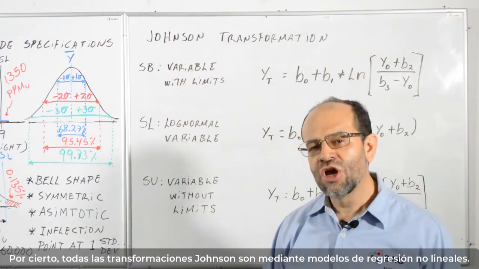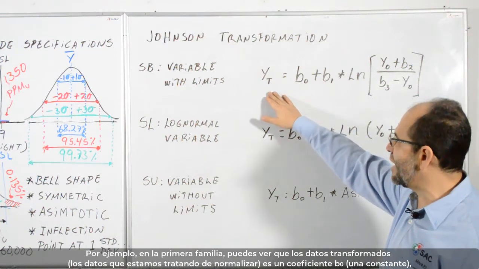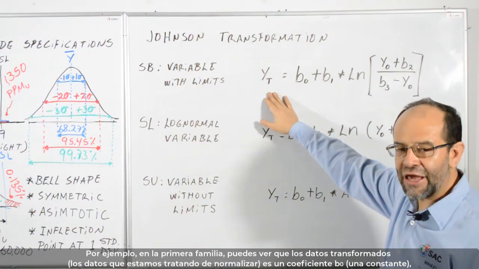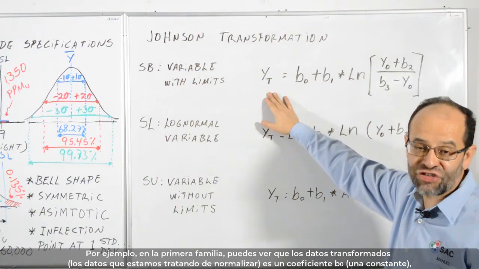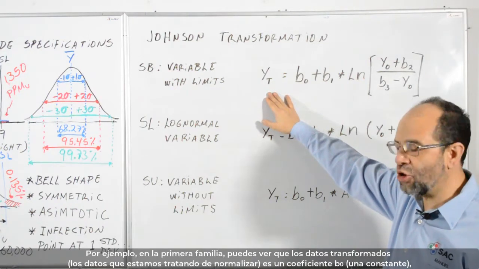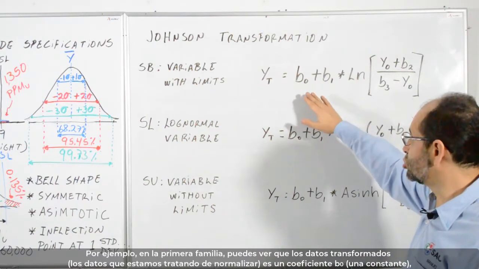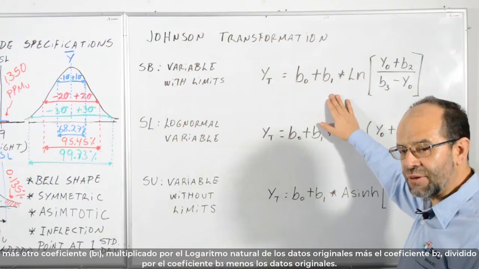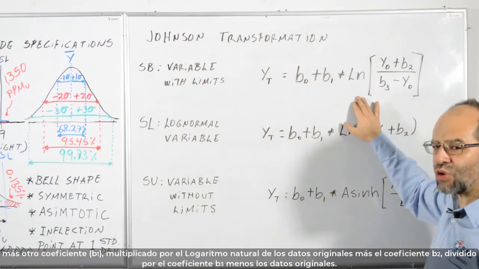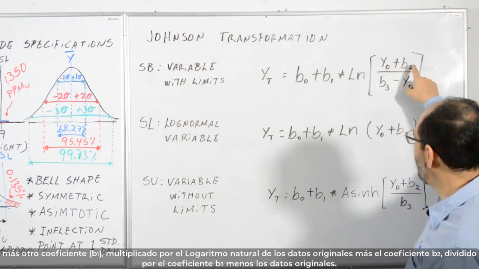So, for instance, the transformed data, which we are trying to make normal, is a coefficient b0, a constant, plus another coefficient b1 times the natural log of the original data plus coefficient b2 divided by coefficient b3 minus the original data.